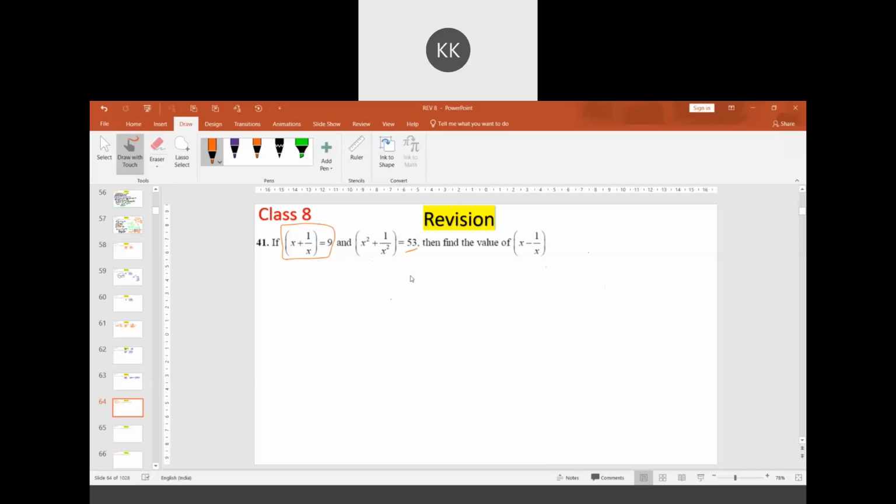Okay, sir. They have given the value, so let me take this and try. If I square on both sides, I get x square plus 1 by x square plus 2, which is equal to 81. 9 squared. What to do? There is no use of this.